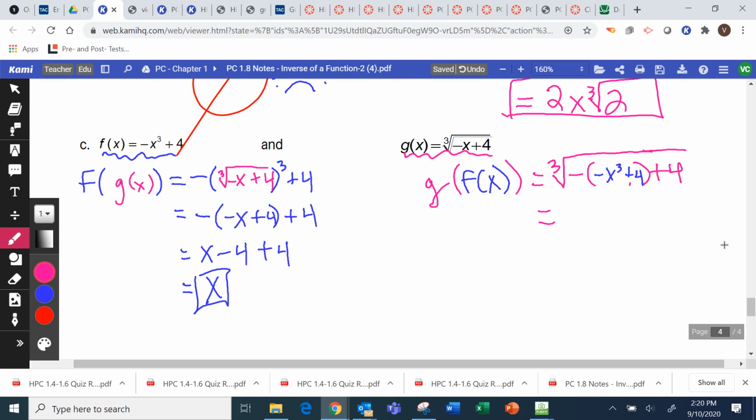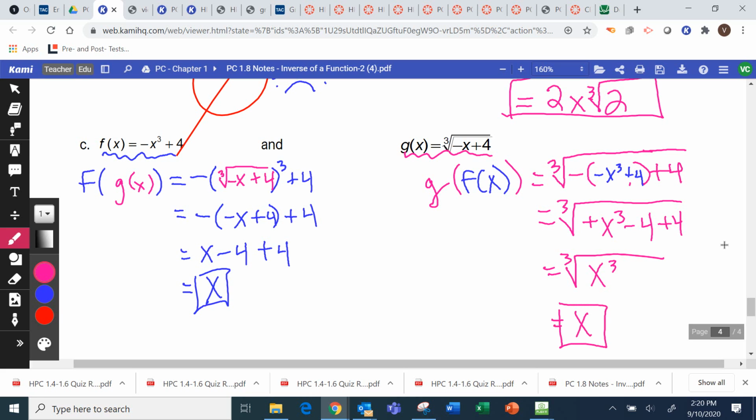So I'm going to multiply before I add. I multiply the -1, and I get positive x cubed minus 4 plus 4. Then I add the -4 and positive 4, and I get cube root x cubed. And the cube root of x cubed is x. So that worked. So we have inverses.